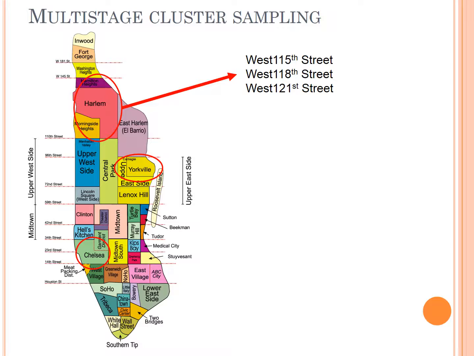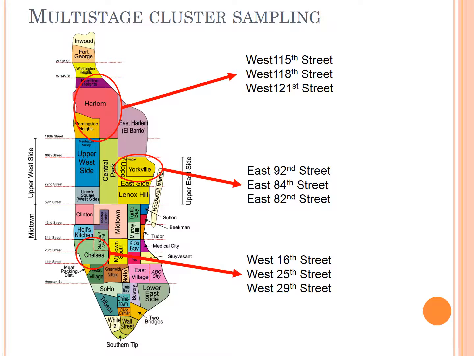From Yorkville, you randomly sample the different streets and you find these 3 streets: East 92nd Street, East 84th Street, and East 82nd Street. And then from Chelsea, you find these 3 streets: West 16th Street, West 25th Street, and West 29th Street. Then, from each of these streets, you decide to sample different apartment buildings.